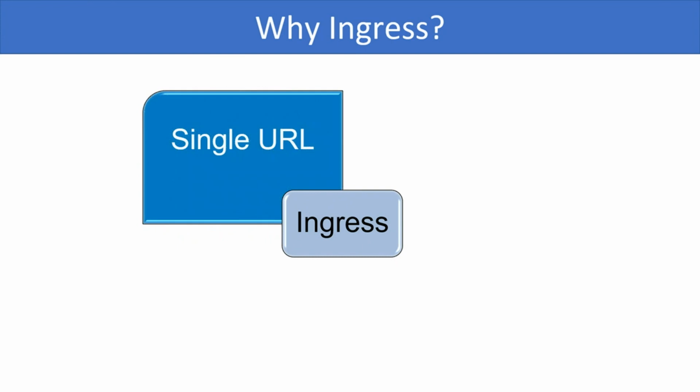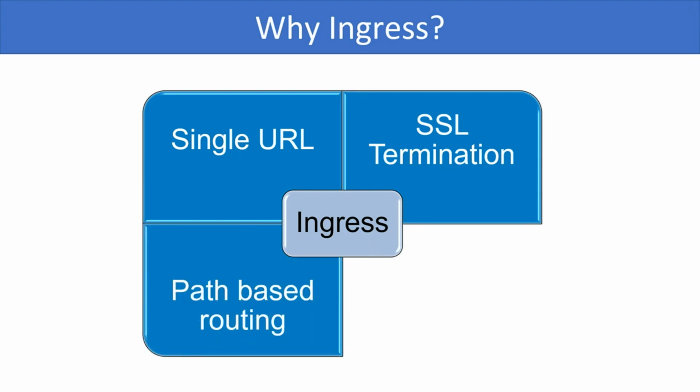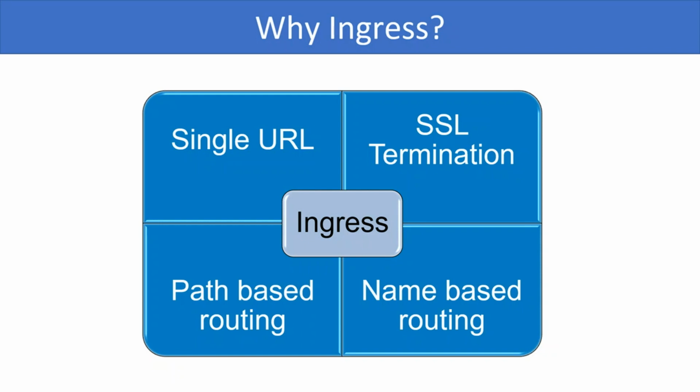First, it provides a URL to access an application from outside a cluster. Second, it allows SSL termination. Third, it allows routing to services based on path. And lastly, it provides the capability to route HTTP requests to multiple host names on the same IP address, also known as name-based virtual hosting.